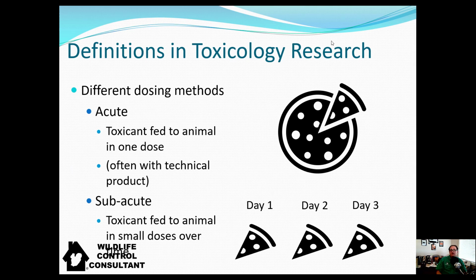For example, first-generation anticoagulants, which are warfarin, chlorophacinone, and diphacinone, are actually more toxic if you take a little bit each day than if you took all that material in one day. I know it's counterintuitive. You say, why wouldn't it be more poisonous to take more at once? I suspect part of that is how the body processes it.